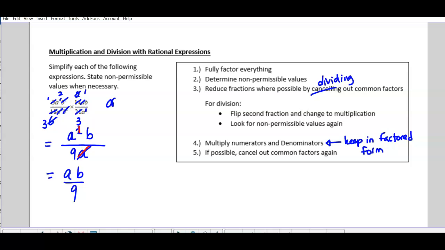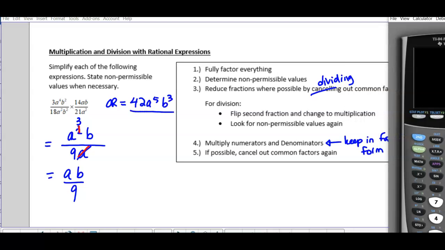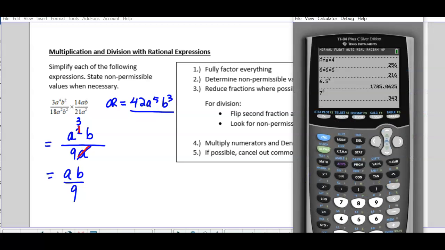You could have expanded this out. So 3 times 14 is 42. I'm just going to need to erase this so I can see the exponents. So that's going to be a to the 5th b cubed over whatever 18 times 21 is, 378, over a to the 4th b squared.